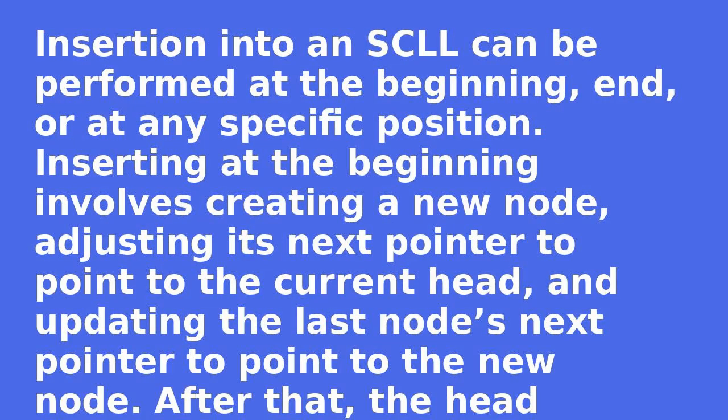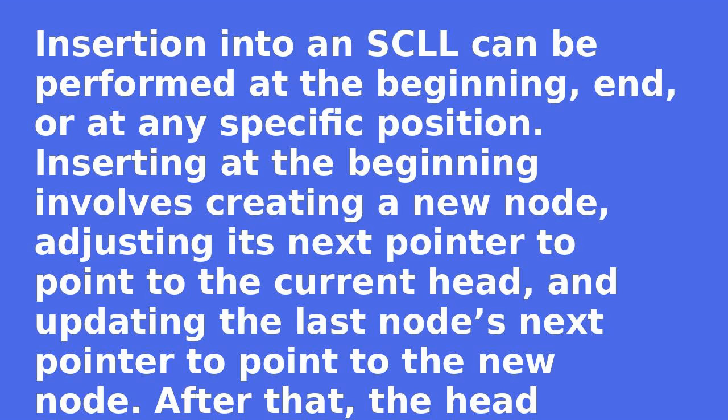Insertion into an SCLL can be performed at the beginning, end, or at any specific position. Inserting at the beginning involves creating a new node, adjusting its next pointer to point to the current head, and updating the last node's next pointer to point to the new node.